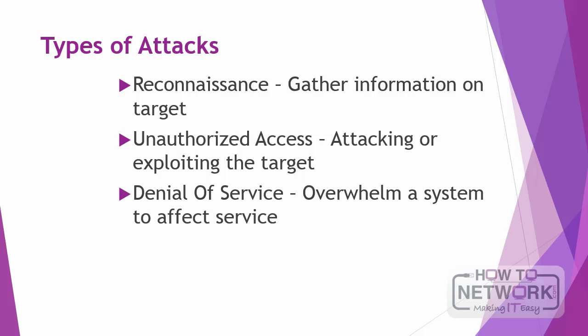Gaining unauthorized access obviously refers to the act of actually attacking or exploiting the network or host. And then denial of service. These aim to overwhelm the resources on the network, such as memory, CPU, and bandwidth, and thus impact the target system and affect the devices on the network negatively.